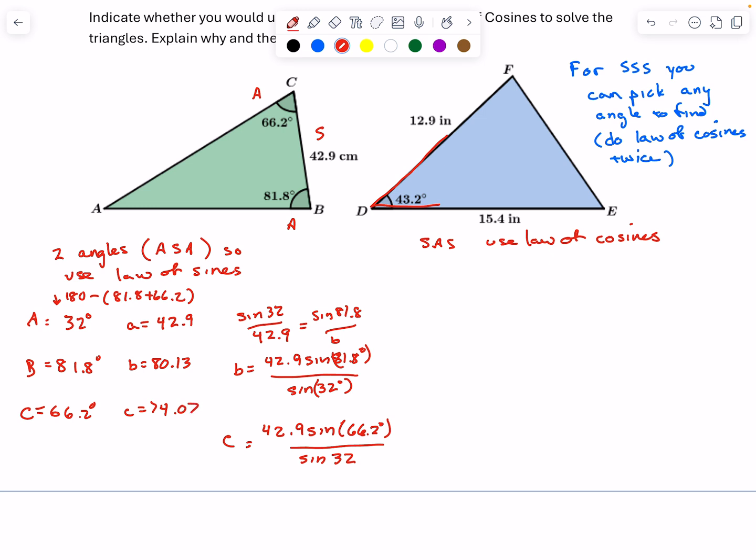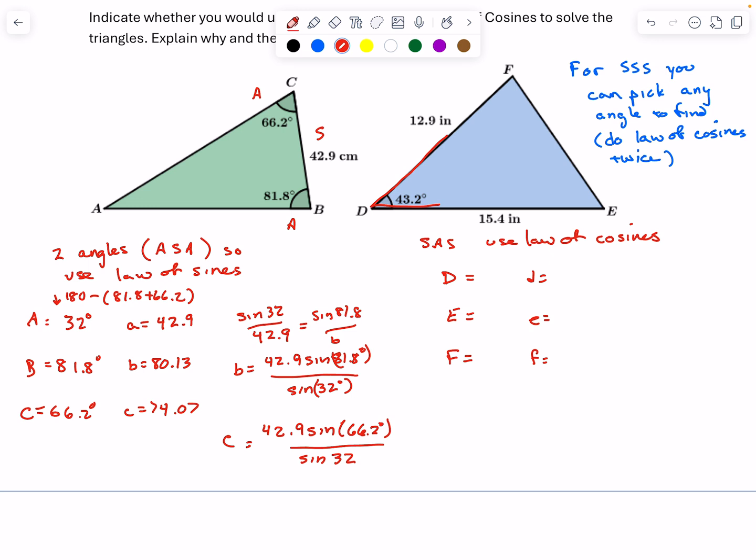Okay, law of cosines. Lots of problems with law of cosines.